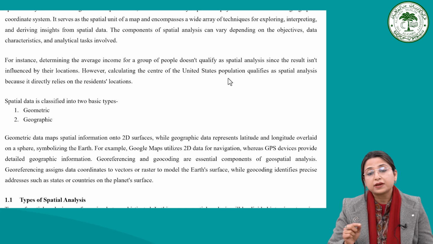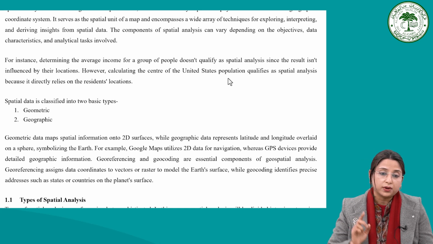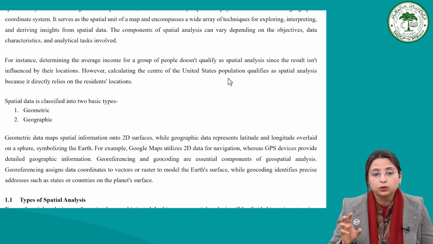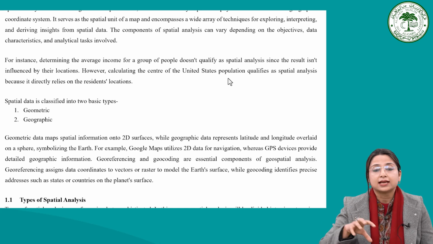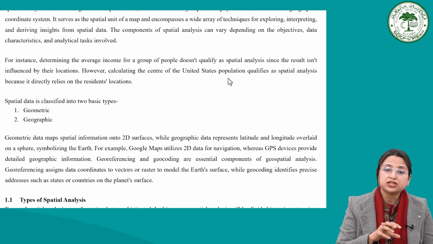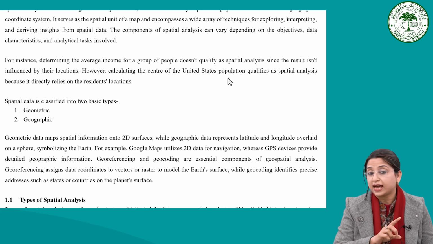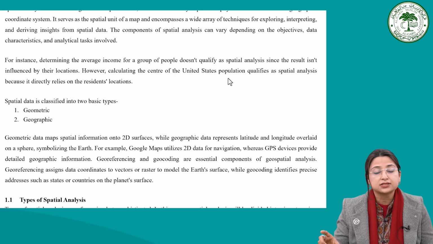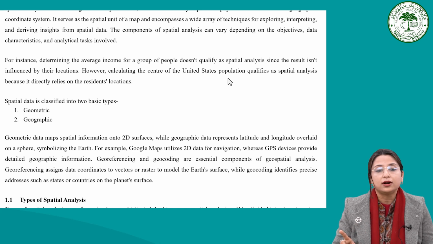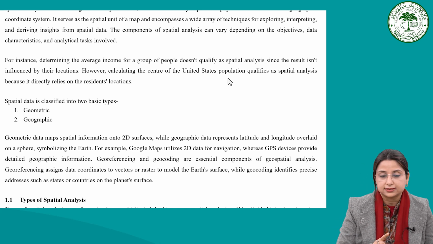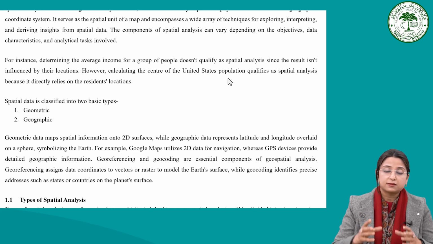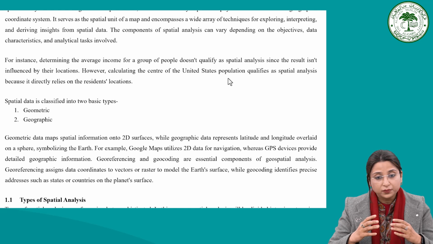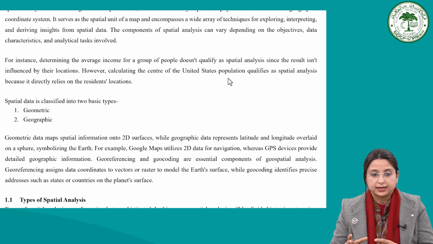It means spatial analysis will always be related to location. In the previous example, we just evaluated the average income of a group of people. We haven't defined any location, so that will not qualify as spatial analysis. So one thing students, you have to keep in mind, space and location should always be there in spatial analysis.